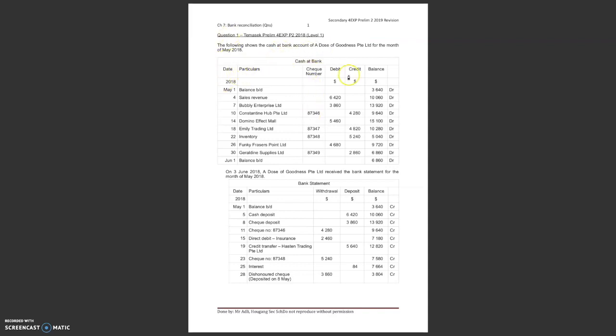Using question 1 as an example, we will now be comparing the debit and the deposits. Tick all those that are similar and circle all those that are different.